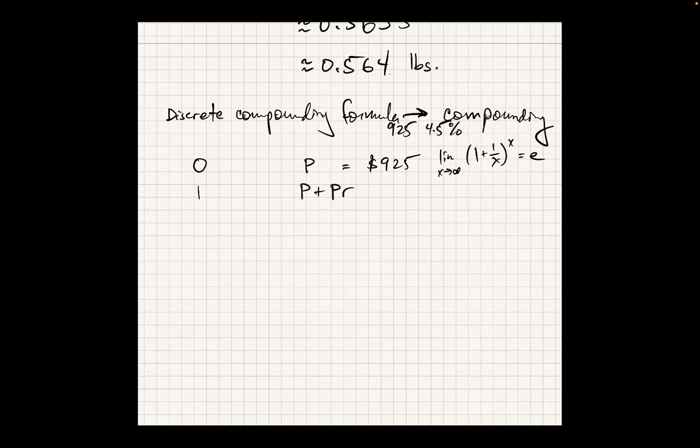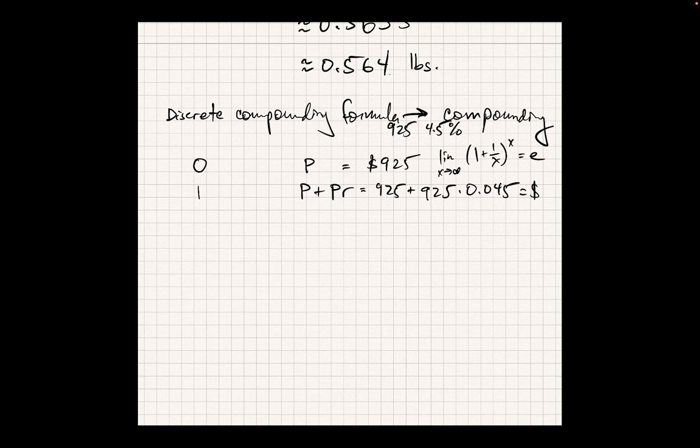You get 925 plus your original balance times your interest rate, 0.045. And then you can figure out what that equals. For my final answer, I'm going to supply a dollar sign and use 2 digits of precision.